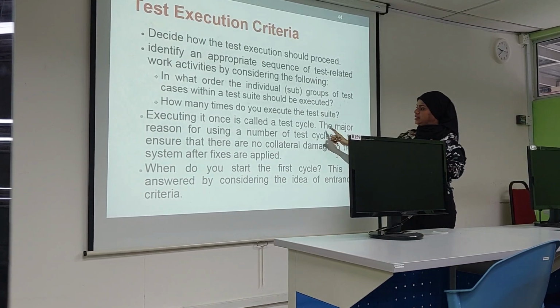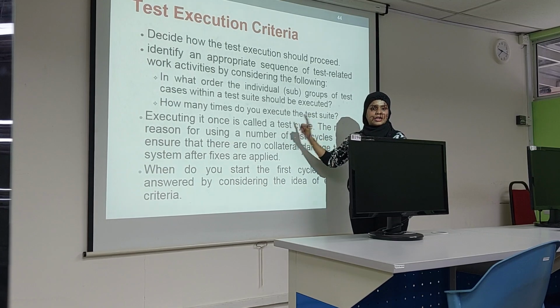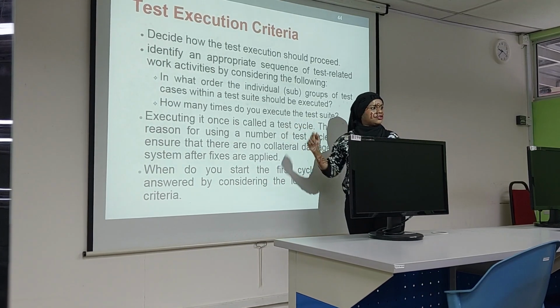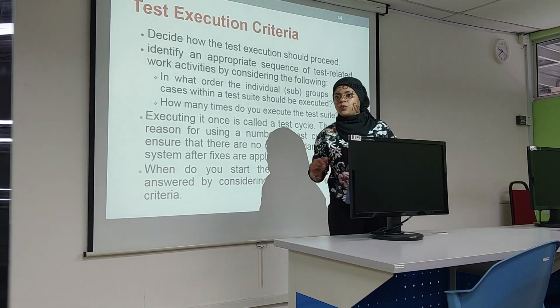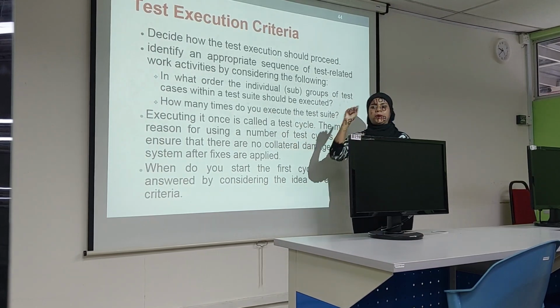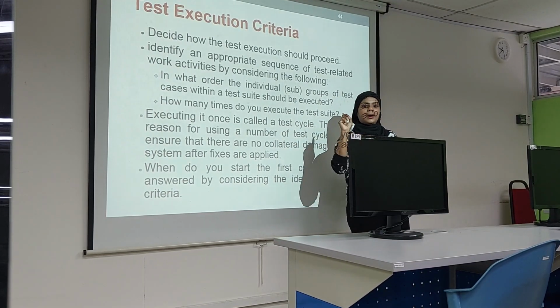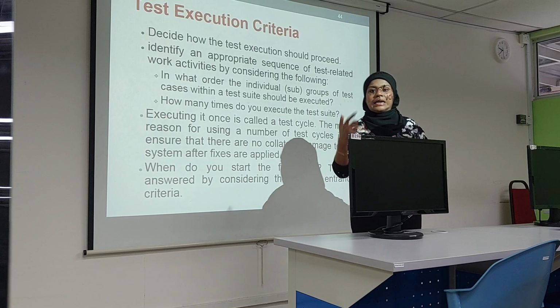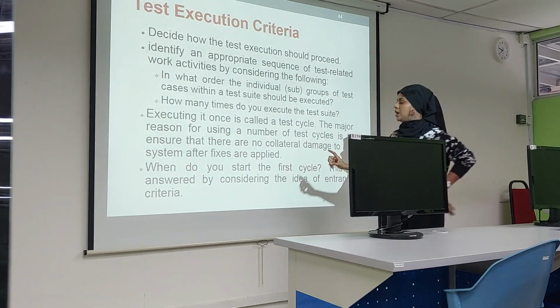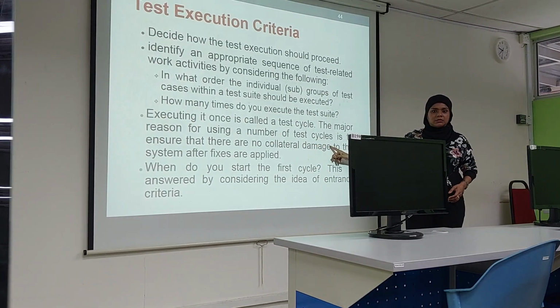Okay? So this is part of the criteria. If we want to complete our test, we must make sure that we have completed one test cycle. But in any unexpected situation, it can go more than once.